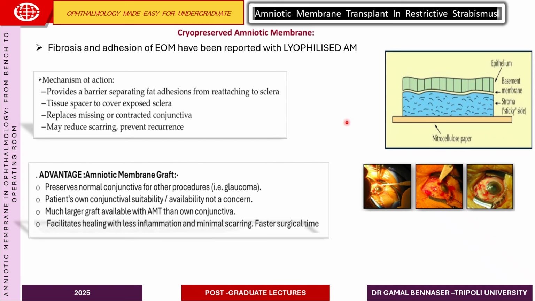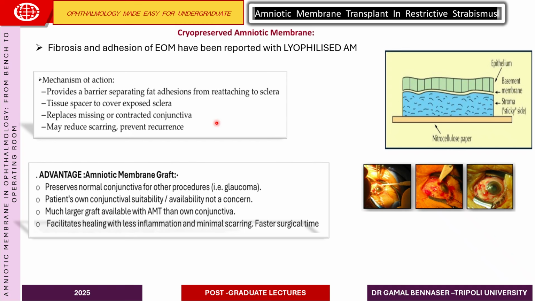And the mechanism of action is that it provides a barrier separating the fat adhesion from the attached sclera, and also acts as a tissue spacer to cover the exposed sclera, replacing the missing or contracted conjunctiva, and may reduce the scarring and prevent recurrence.